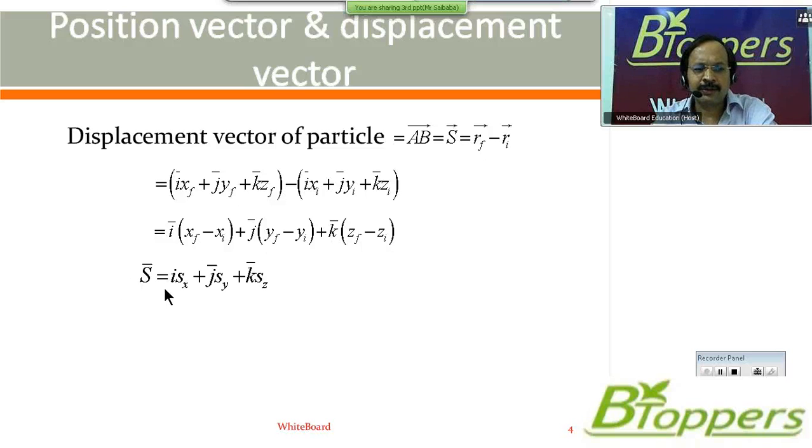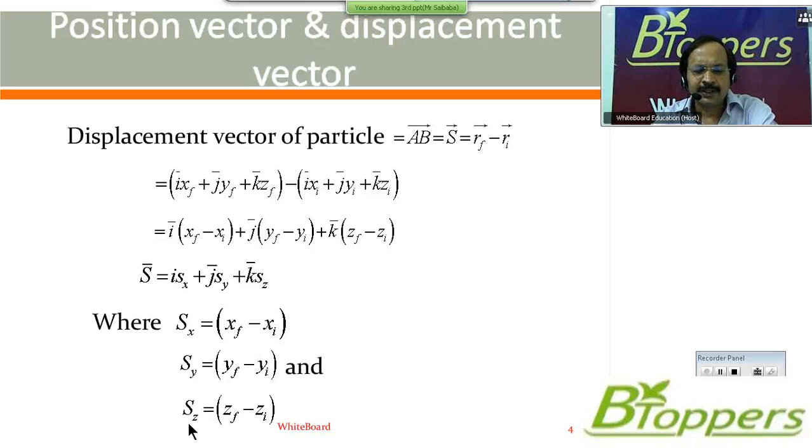Or we write S bar equal to i bar into Sx plus j bar into Sy plus k bar into Sz, where Sx can be written as xf minus xi, Sy equal to yf minus yi, and Sz can be written as zf minus zi.